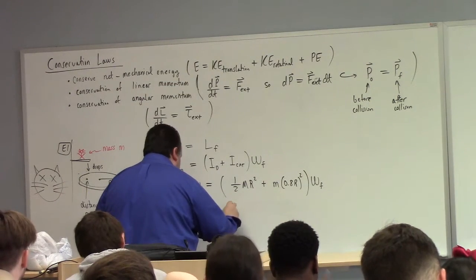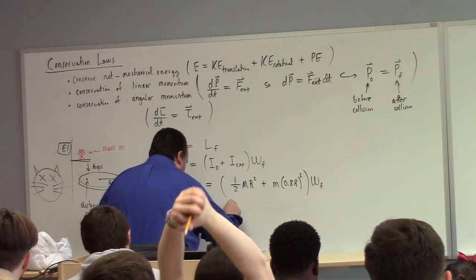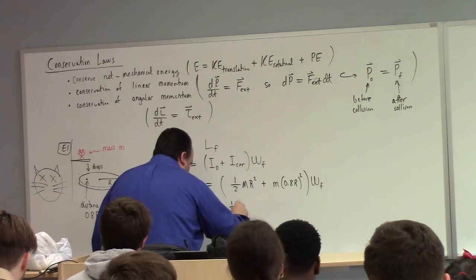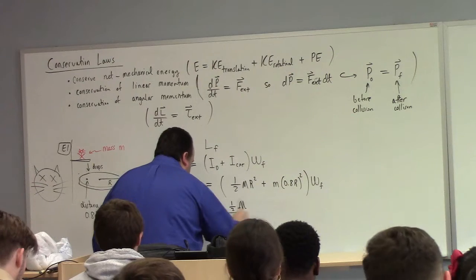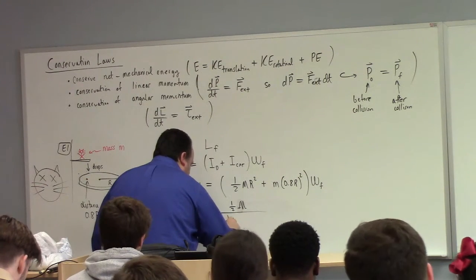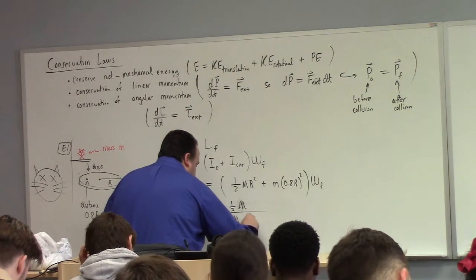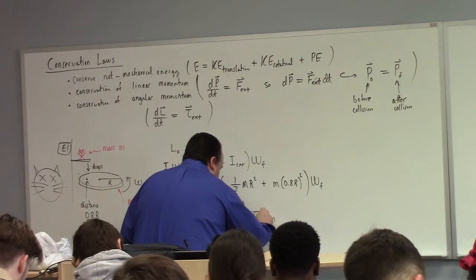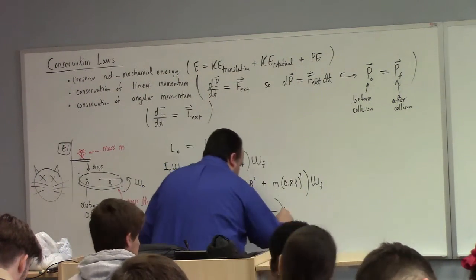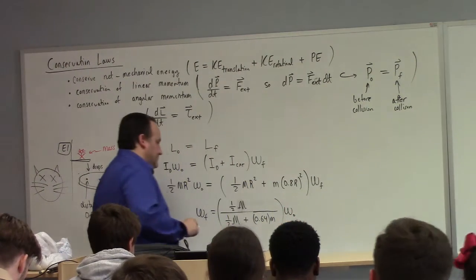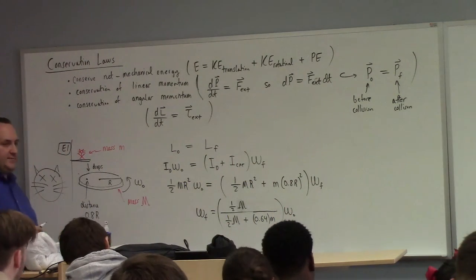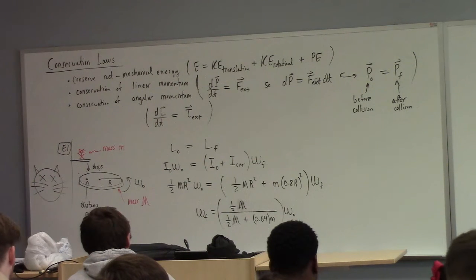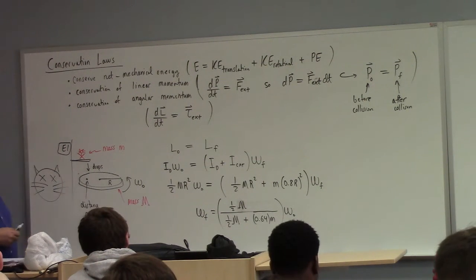And so what I really have is 1/2 big M divided by 1/2 big M plus 0.64 times little m, all times omega naught. 8 times 8 is 64, divided by 100 is 0.64. The r's cancel, yeah.